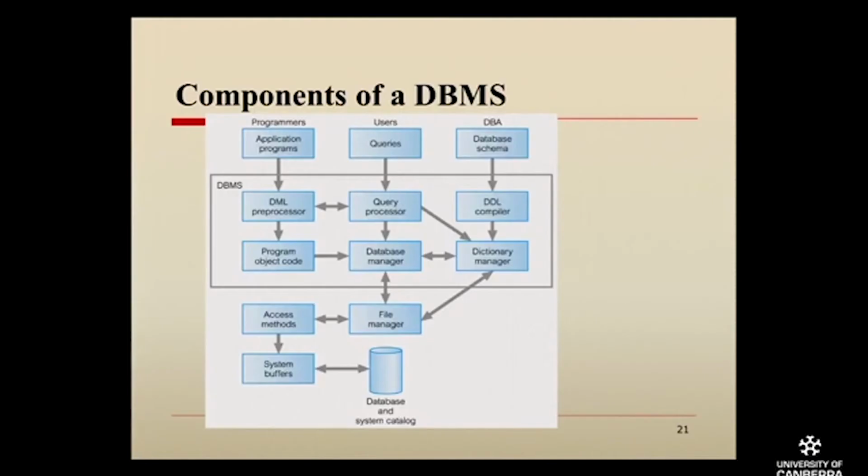All right, with the components of the database management system, we just looked at it. You saw two parts of the database management system. One was the data definition language. Another component is the data manipulation language. On the top we have different applications and users accessing the database management system software, which is in this box: data manipulation language, data definition language.